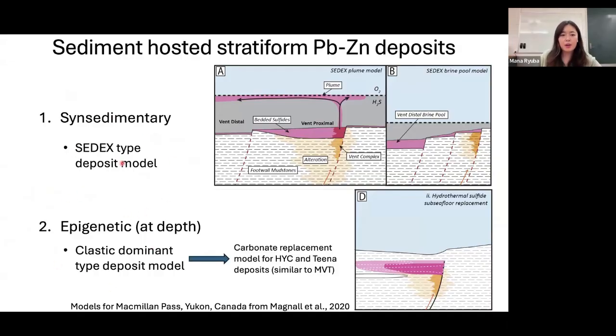The SEDEX model is where you have a vent that allows mineralizing fluids to reach the surface, so mineralization takes place right at that surface-water interface. In contrast, the clastic-dominant model suggests a carbonate replacement is taking place within the subsurface, so this would occur at depth. This is more similar to MVT-style deposit models.